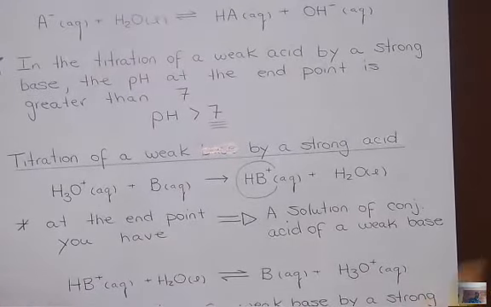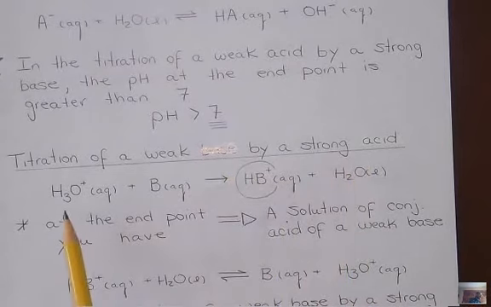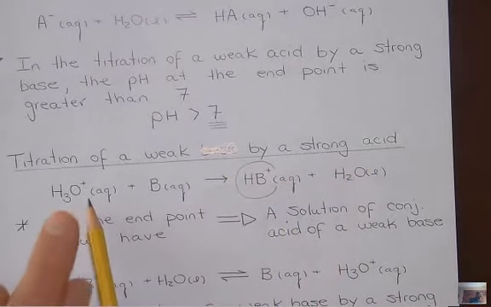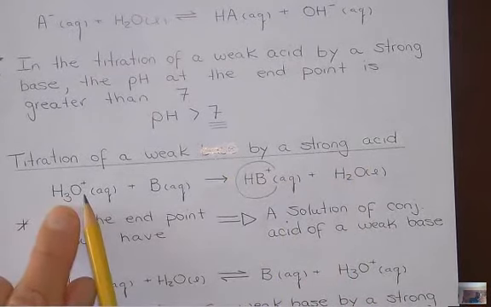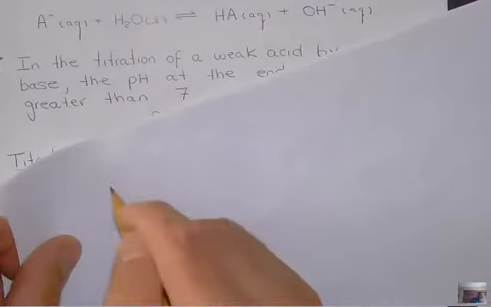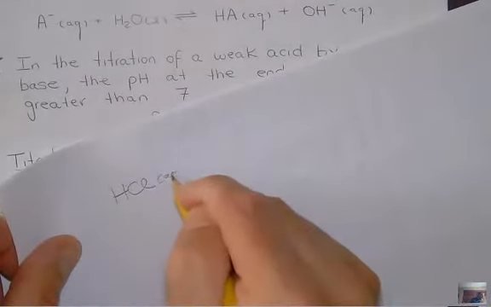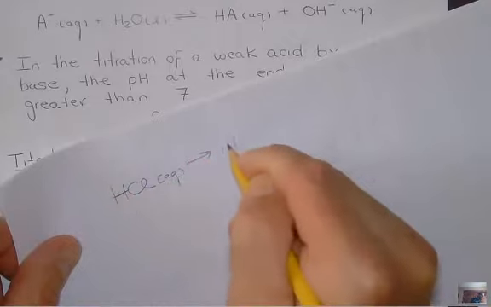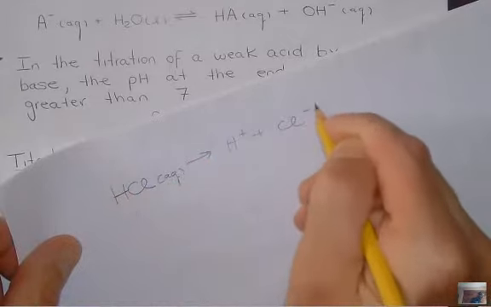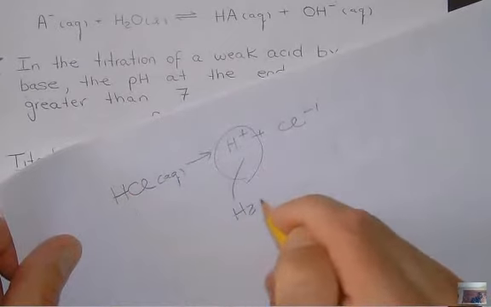What about if I do the reverse situation? I do a titration of a weak base by a strong acid. The strong acid is basically going to be dumping hydronium ions into solution. How come? Because remember, with a strong acid, HCl or nitric acid or something like that, the moment it gets into the water, it decomposes, and the H+ gloms onto a water before you know it.